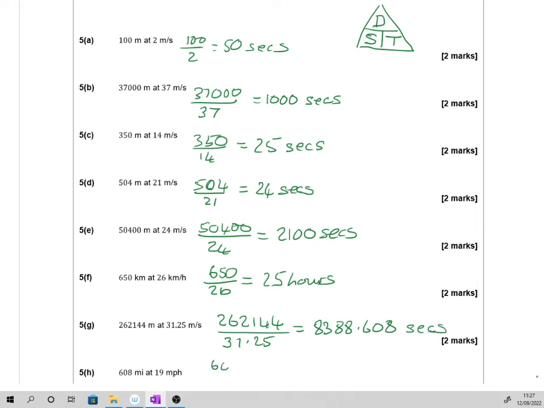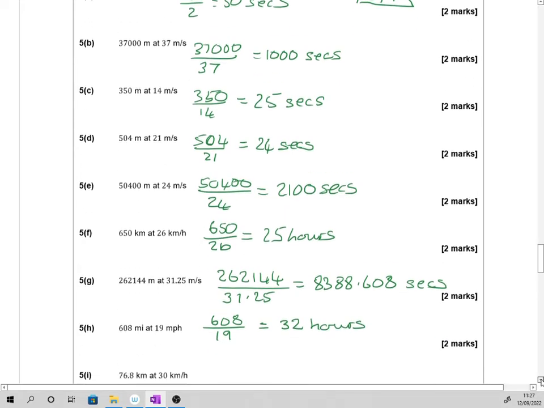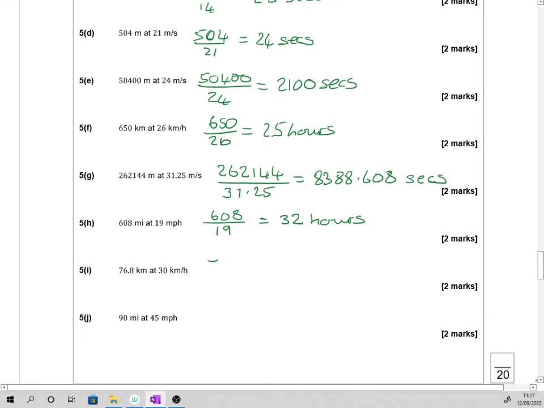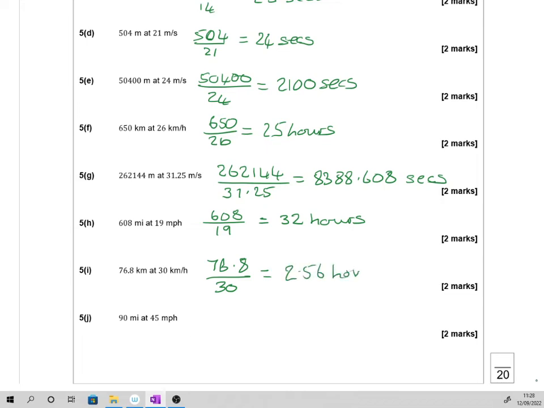And 608 divided by 19 is 32 hours. Oh, another couple there. 76.8 divided by 30 is 2.56 hours. 90 divided by 45 is 2 hours.